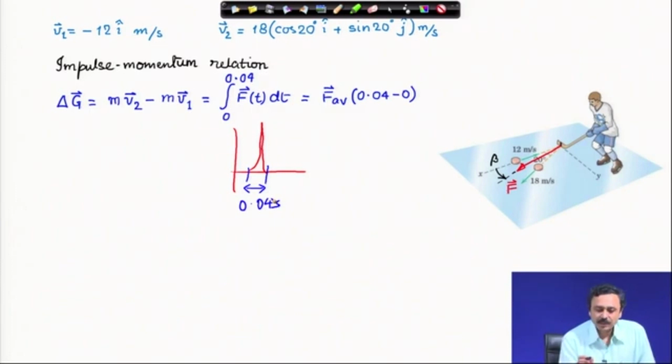Over this time interval, I can define some average force vector which acts on the particle, some magnitude and some direction, some average force which has acted on the particle over this short time duration. I can define that. Finding out the exact form of the force is very difficult.